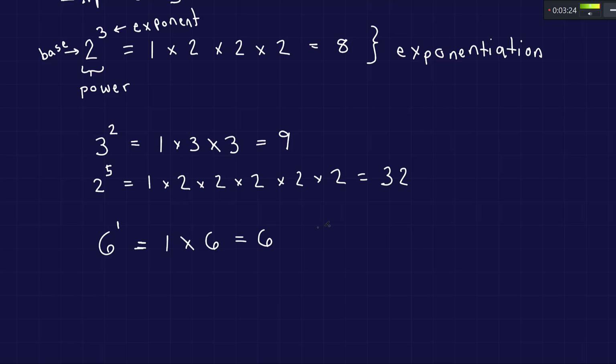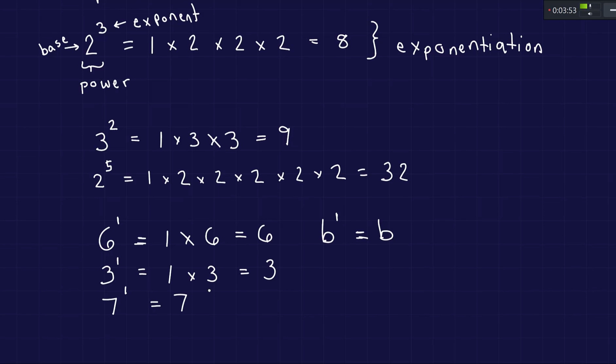And we can generalize this to saying any base raised to the 1 power is just going to give us that base back. So again, 3 raised to the 1 is going to give us 1 times 3, which is just going to give us 3. 7 to the 1 is just going to give us 7. We can skip writing that out. You get the idea. Okay, so far so good.